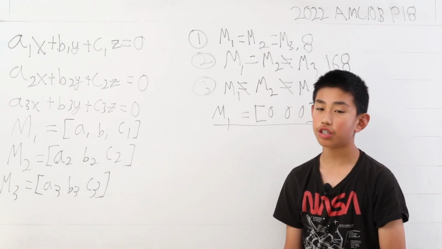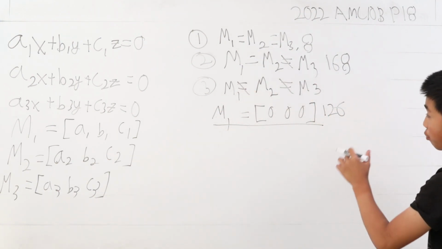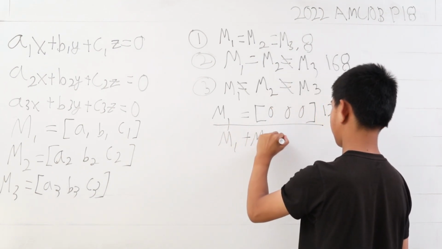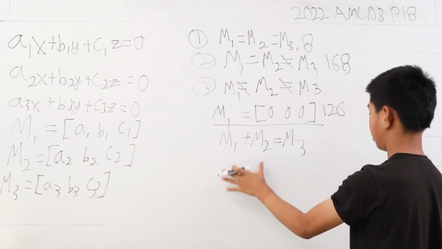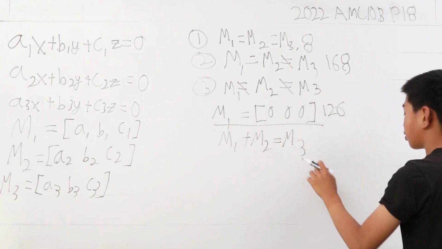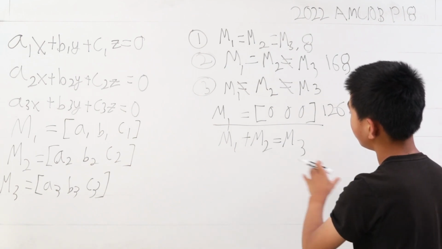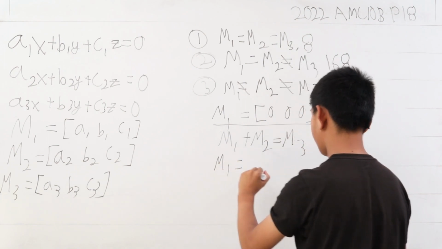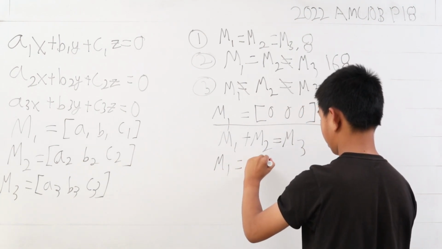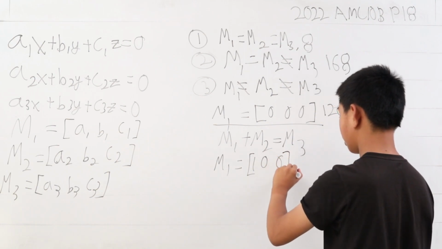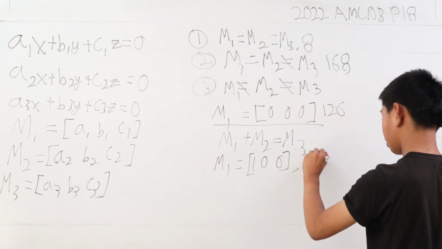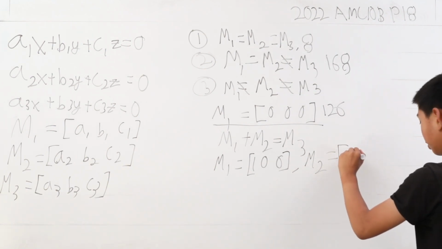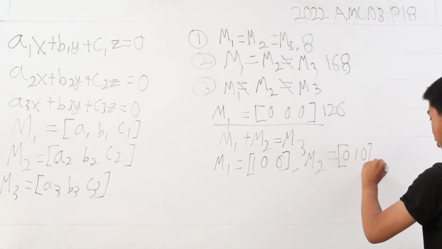Now the second subset of case 3 is when M1 plus M2 is equal to M3. Two matrices added together equal the third matrix. Let's say M1 is 1, 0, 0. For M2, there are a lot of possibilities. For M3, there's 0, 1, 0.